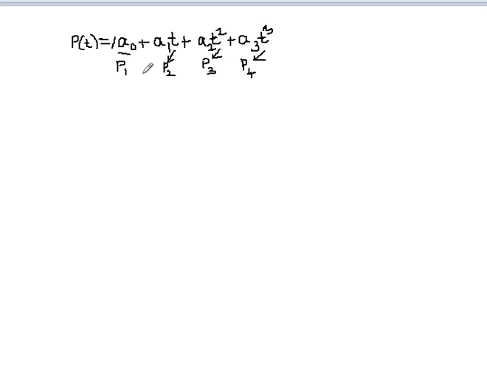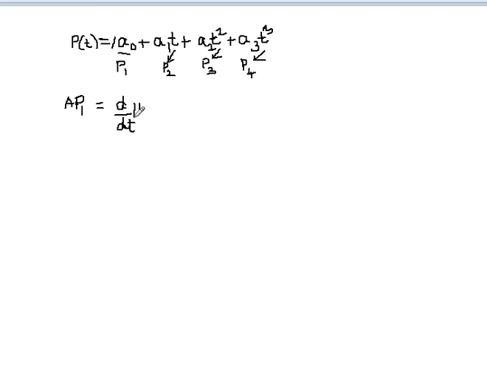So once we know the values of p1, p2, p3 and p4, let's apply A on p1. A p1 is nothing but d by dt of p1. What is p1? p1 is 1.